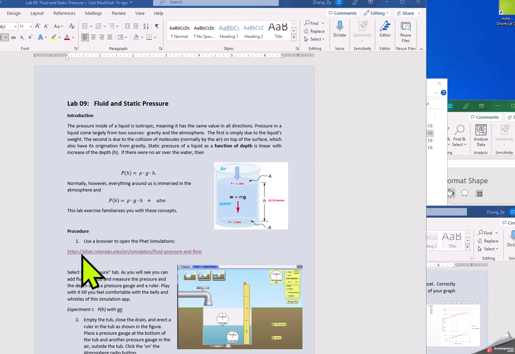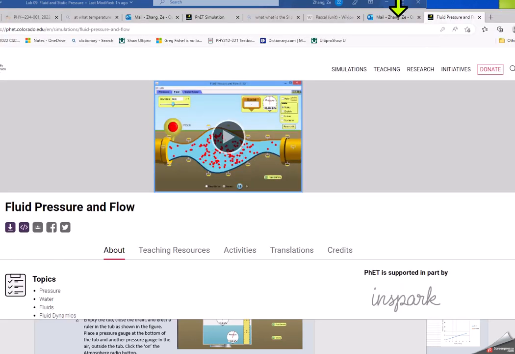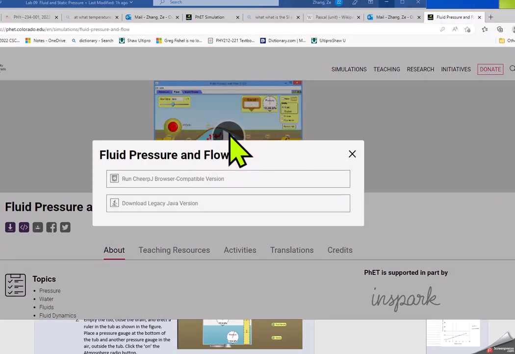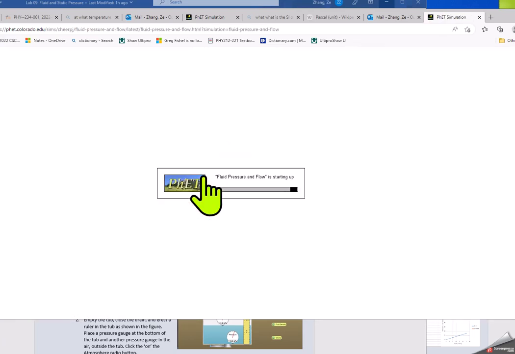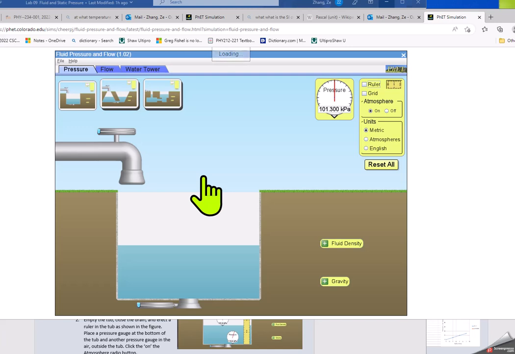Starting from the link over here, you will see this website. You click here, the first one, then just wait a couple of seconds. All right, so we have this water tub, and we can fill it with water. And down here you have the drain.